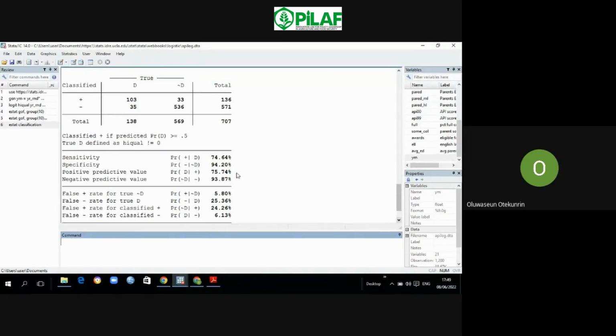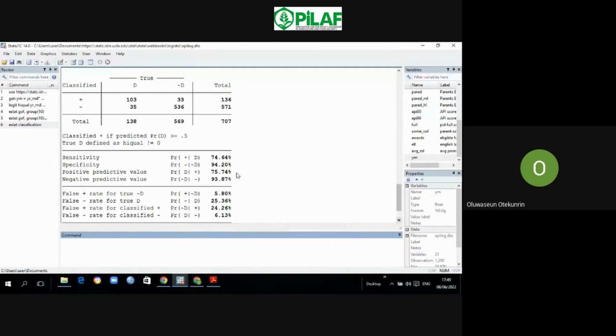You can always get that from cell D, because cell D says true negative. So you will get negative predictive value from your cell D. And how do you do the computation? Say D divided by the total for that row. The total for that row is 35 plus 536, and that is 571.